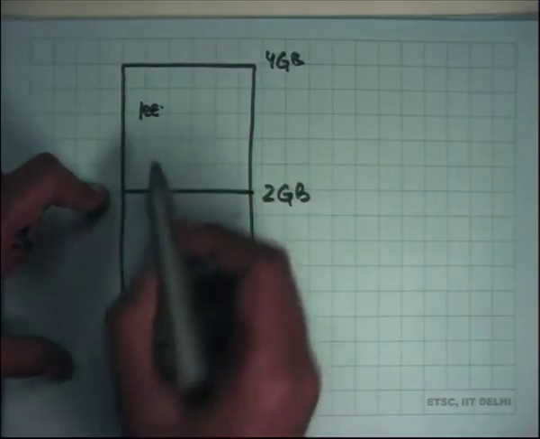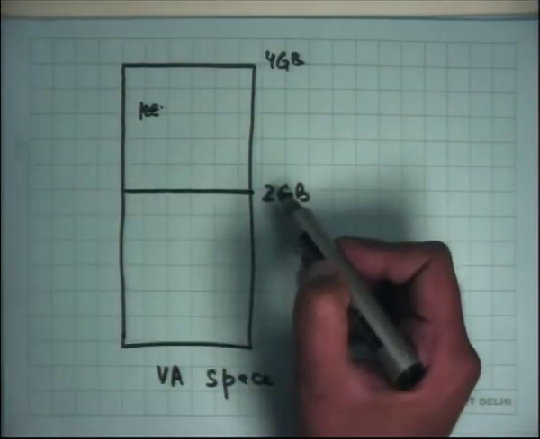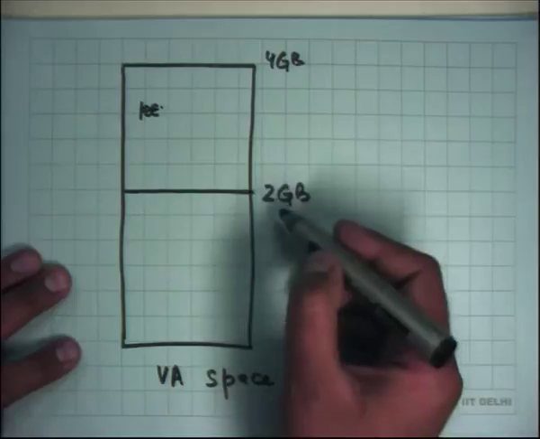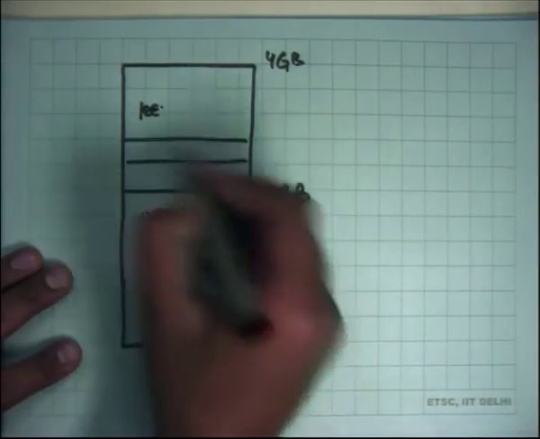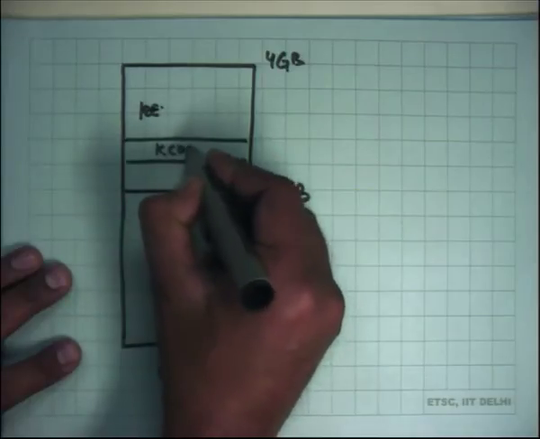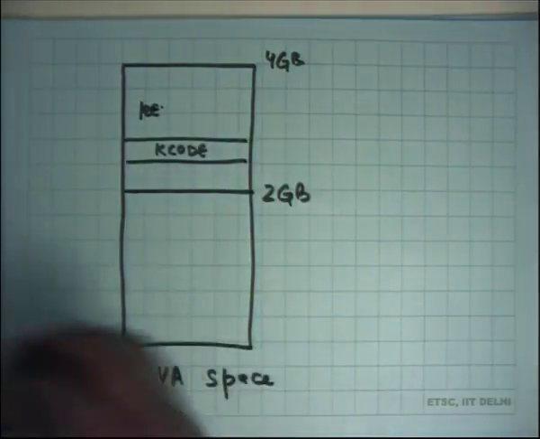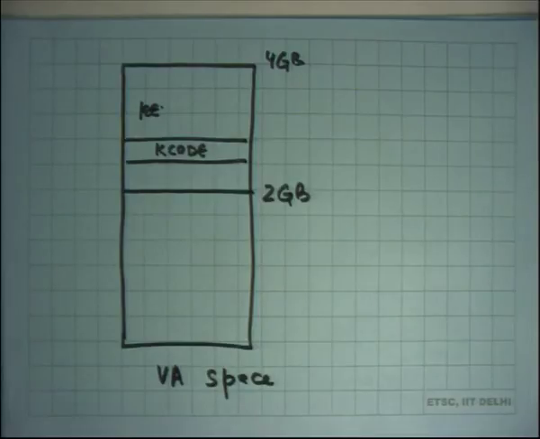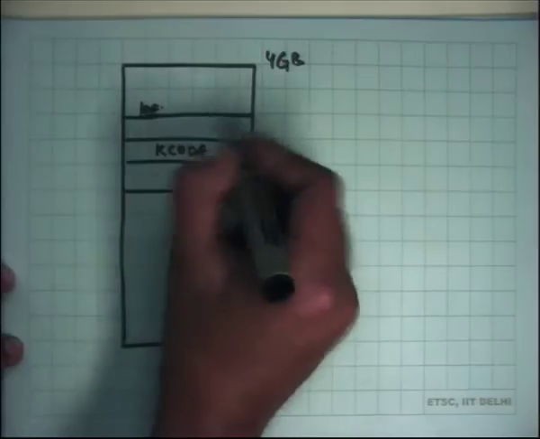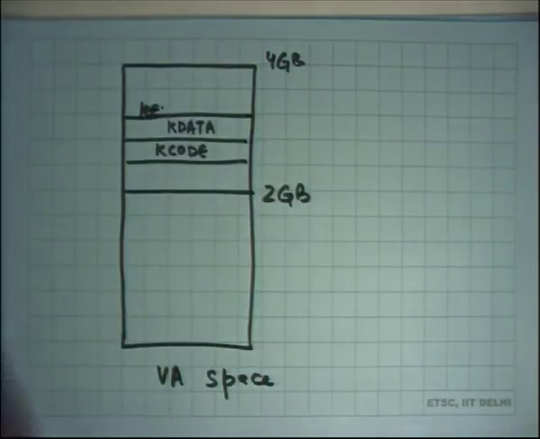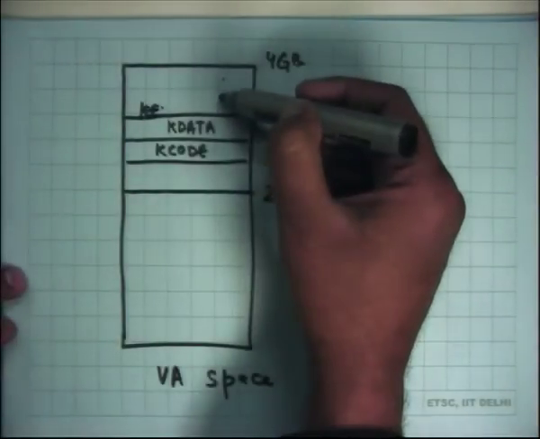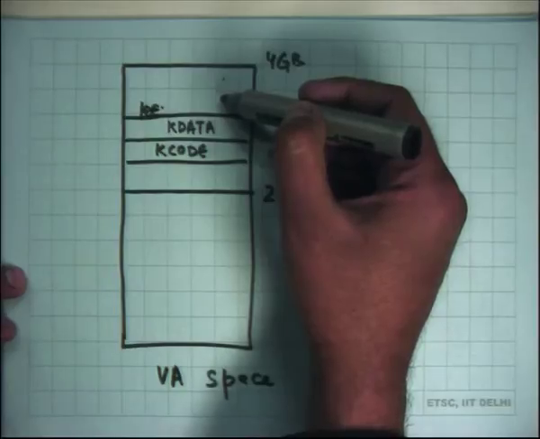So what typically happens is that the kernel will have some code, and so let's say this is kernel code, K code. This is the memory region which contains all the instructions that the kernel contains, right, and then you have a certain region which contains K data, which let's say contains all the global variables that your kernel defined, and everything else above this is actually free space, right.